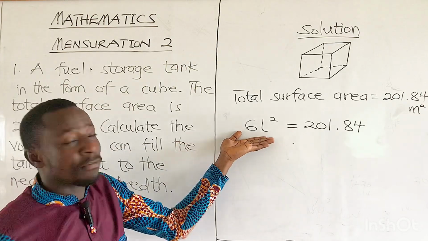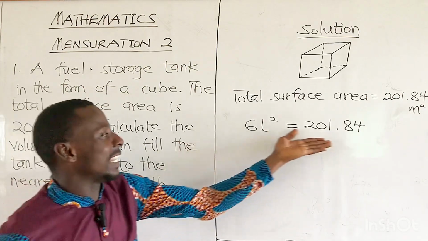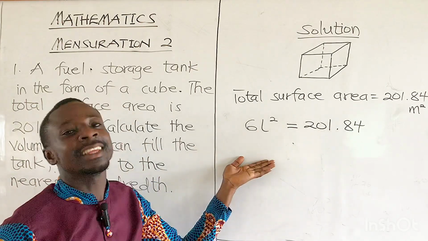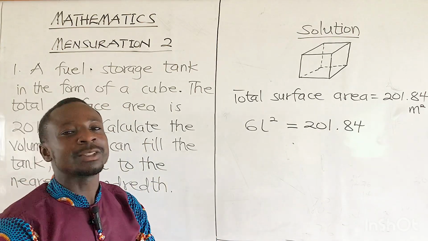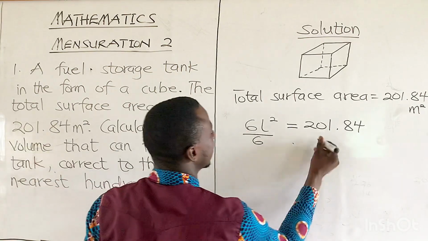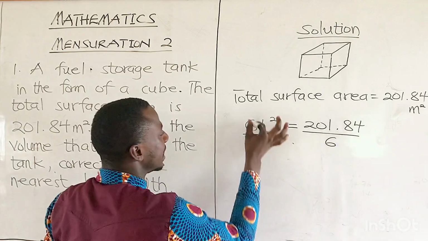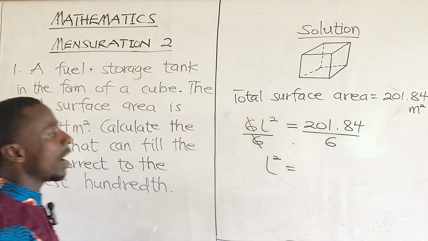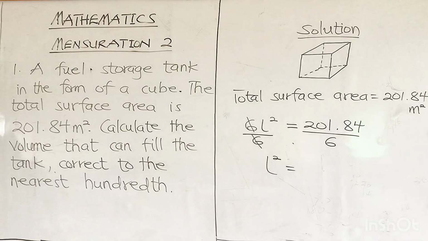Now from here, we need to make L squared the subject. So I will divide both sides by 6. This cancels, and 201.84 divided by 6 gives us 33.64.